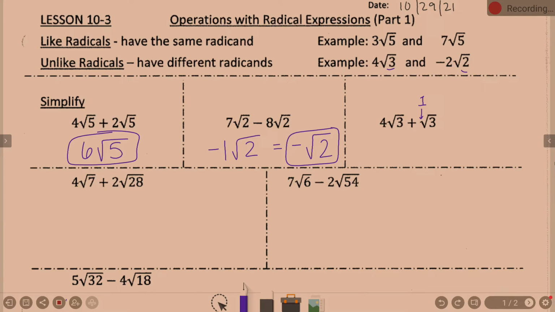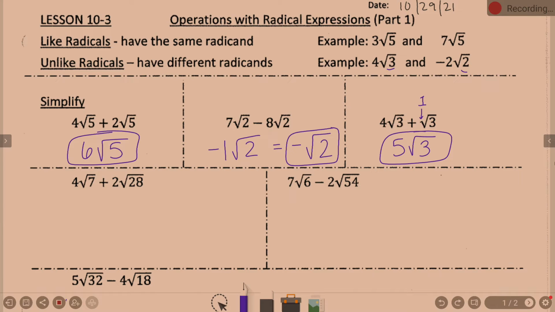So 4 square root of 3 plus 1 square root of 3 is indeed 5 square root of 3. Good job. It's an easy thing, but the first time you see it, it's, oh yeah, there's that invisible 1 there. It's just like adding 4x plus x, remembering the 1x.